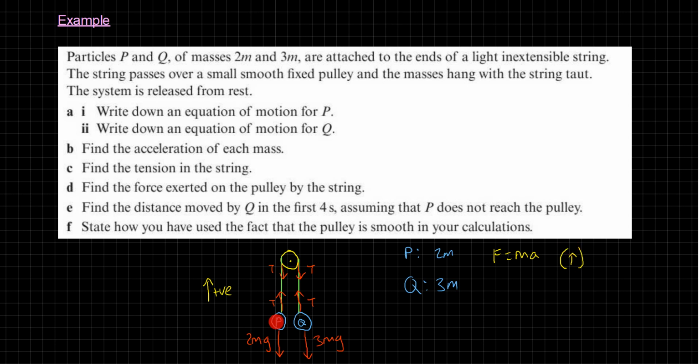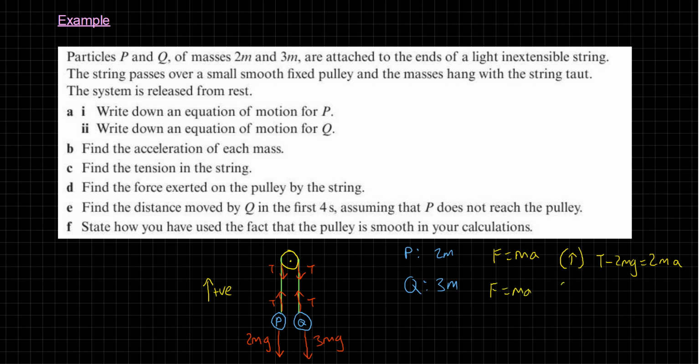So what forces have we got on P? We've got T going up and we've got 2mg going down. Those are the forces on P. So then that gives us T up minus 2mg down equals its mass, which is 2m, times its acceleration, which we don't know, is a. And then we've got Q. Let's look at F equals ma there.